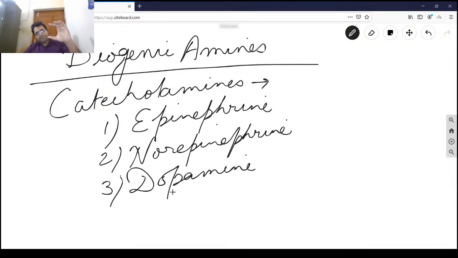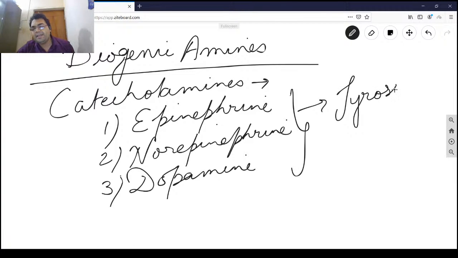Okay, because these three neurotransmitters are called catecholamines. Why? Because they are synthesized from the amino acid tyrosine. Because tyrosine is the amino acid which is the precursor of all these three neurotransmitters.